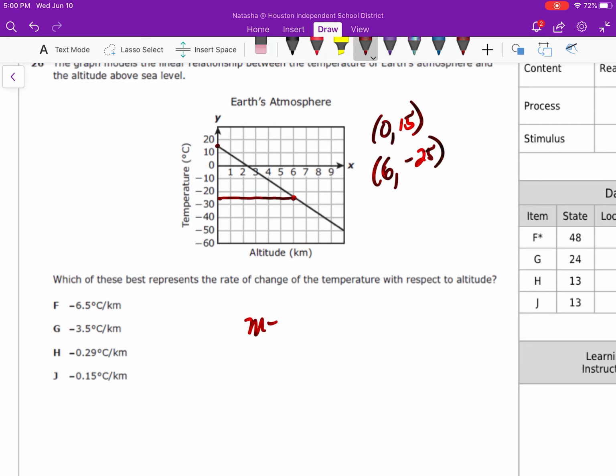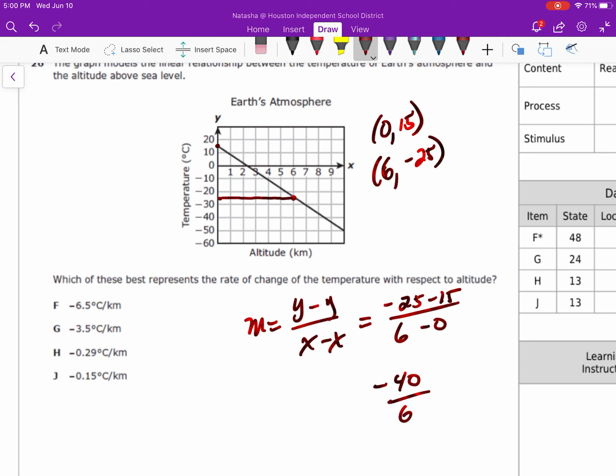My slope is going to be y minus y over x minus x. So this is going to be negative 25 minus 15 over 6 minus 0. That's going to give me negative 40 over 6, which is approximately negative 6.7. This F is the closest one.